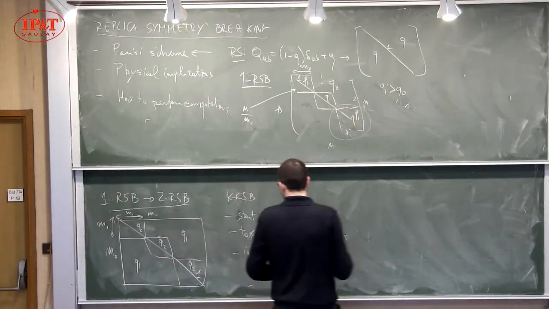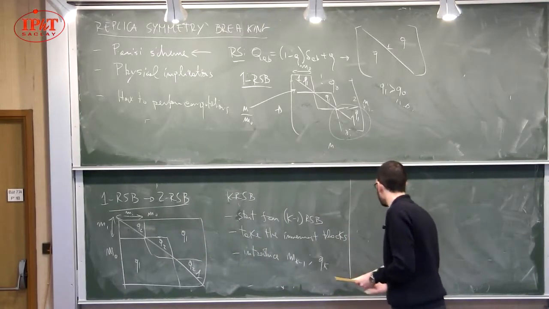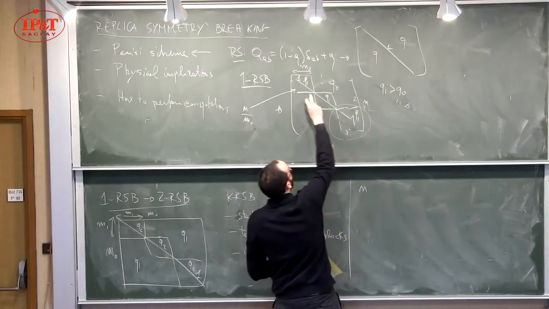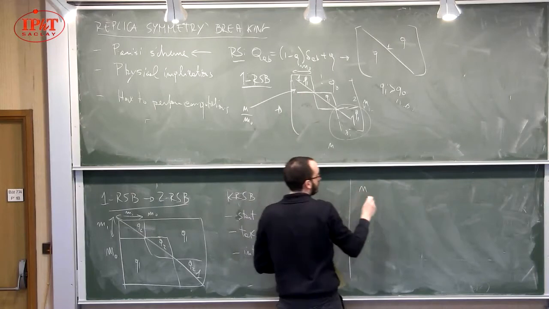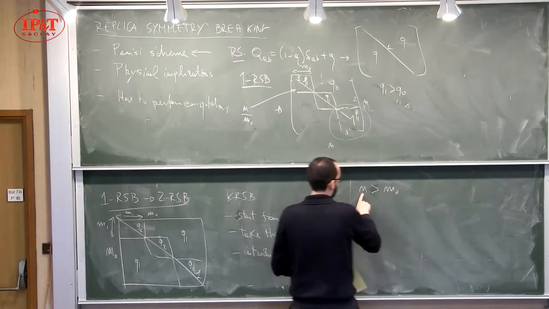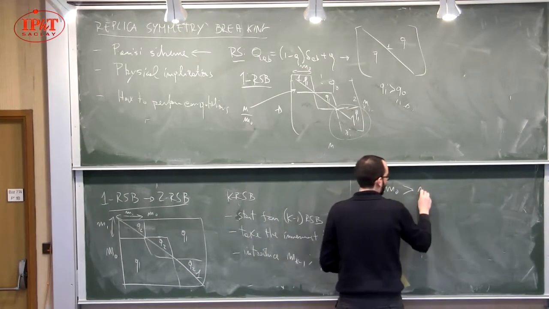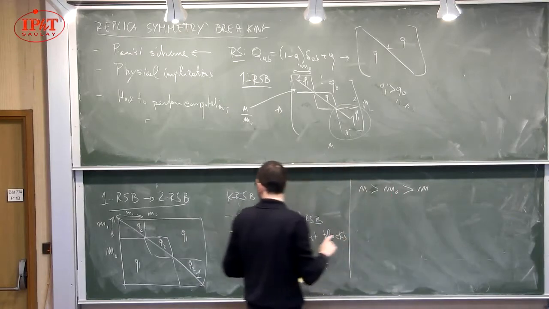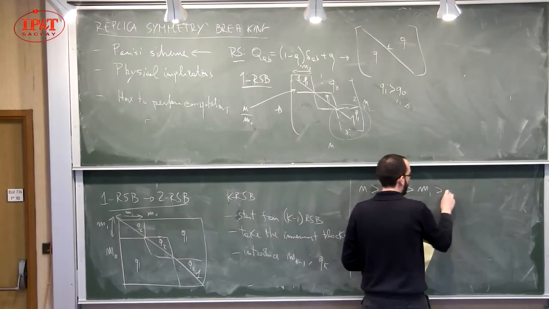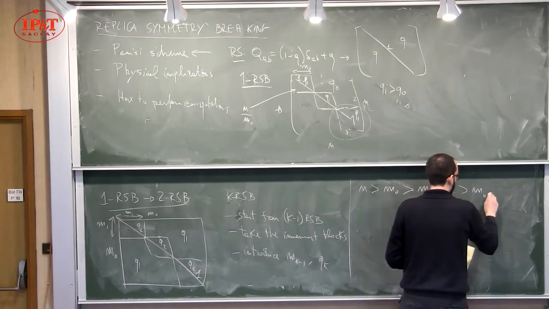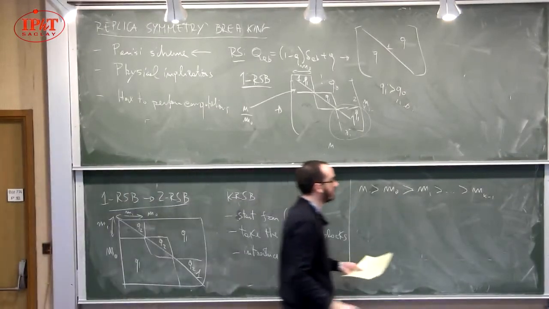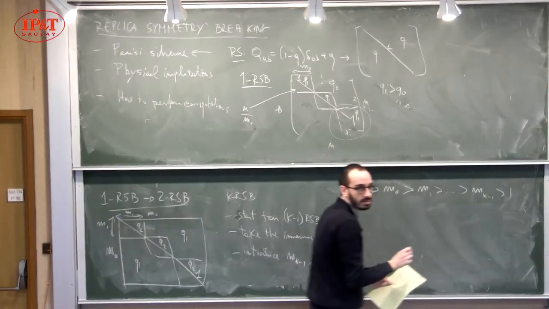So up to now, of course, we have n replicas. Then here you have blocks of sides m0, which is smaller than n, and m0 is larger than m1, which is larger than m_{K-1}. And m_{K-1} is greater than 1, right?